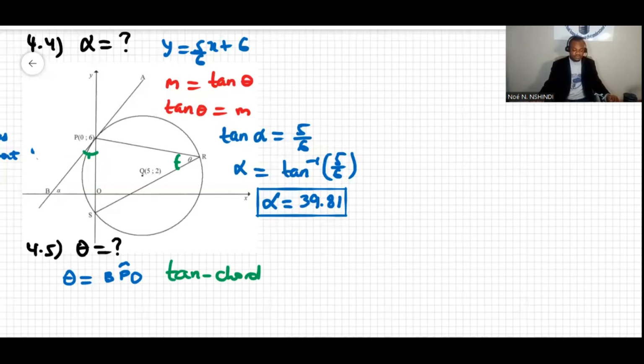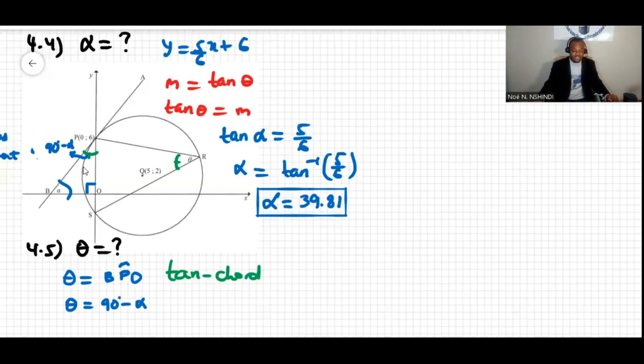We already know that this angle is given to be alpha, and this angle is 90 degrees, from the perpendicular x and y-axis. So this angle must be 90 minus alpha to make the sum of the angles equal to 180 degrees. Now we can say theta will be 90 degrees minus alpha.